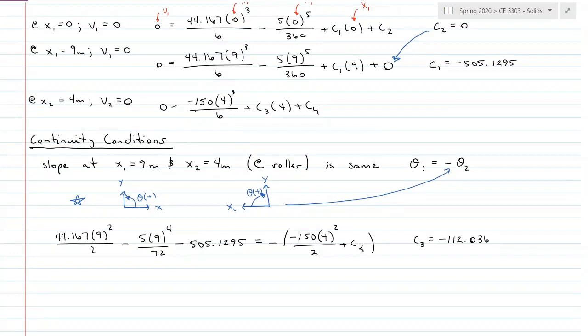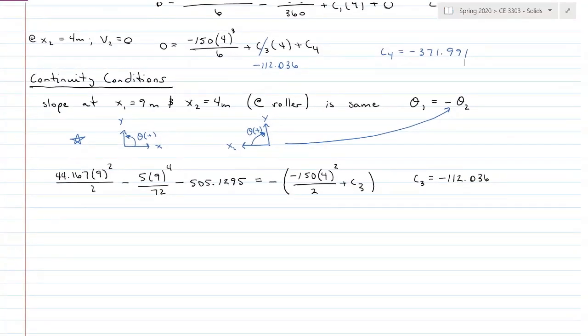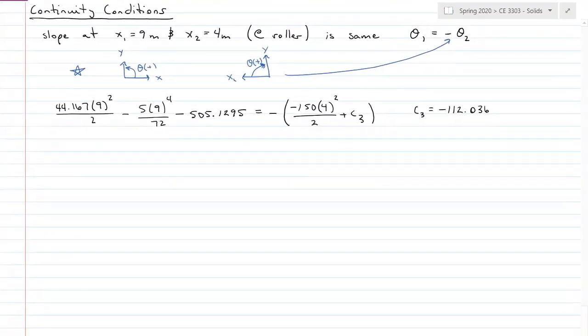So that means I can come in here and plug that value in up here. Negative 112.036. So that gives me C4 is equal to negative 371.991. All right, there's my 4 constants of integration using boundary conditions and continuity conditions, which means my answer, okay, I'm going to clean this all up.